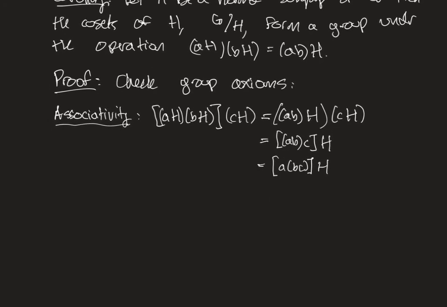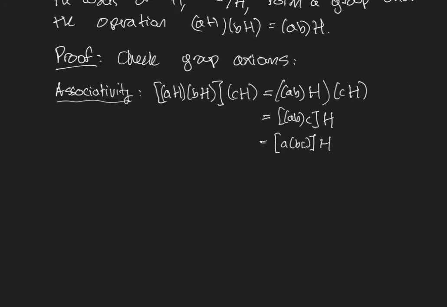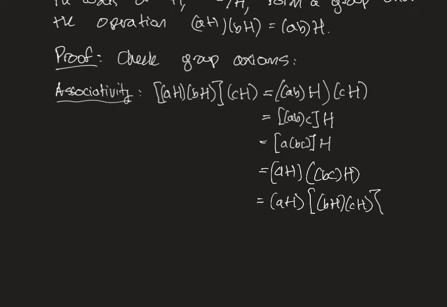And now if I just re-expand that, what do I get? I would get aH times bcH, which is aH times (bH times cH). So associativity holds.